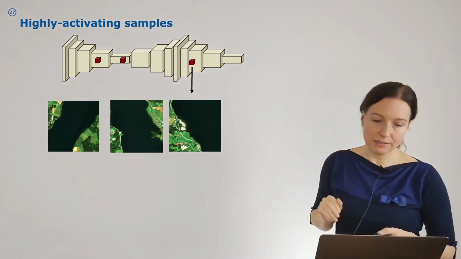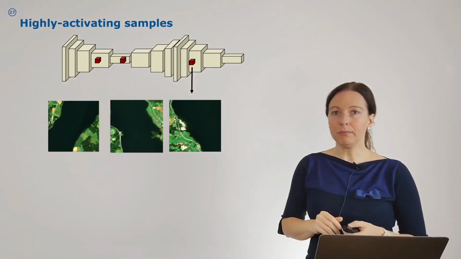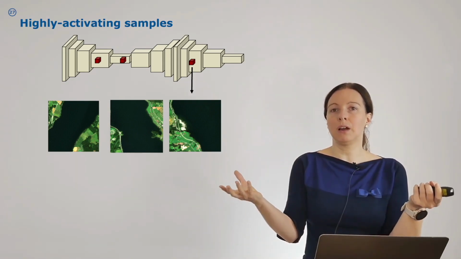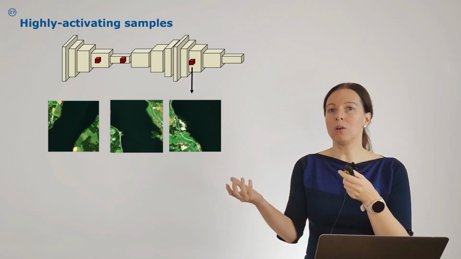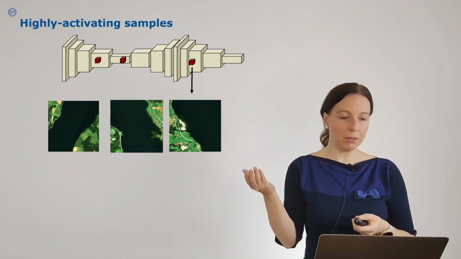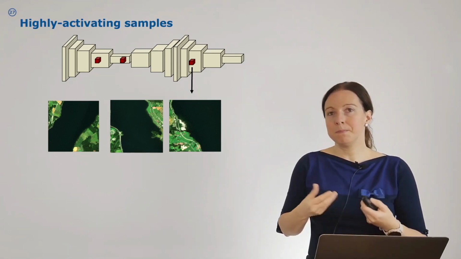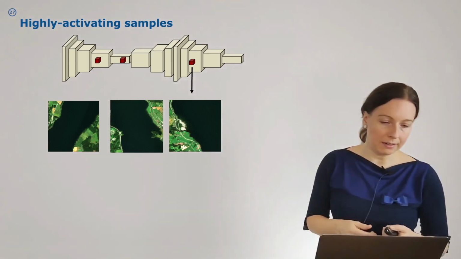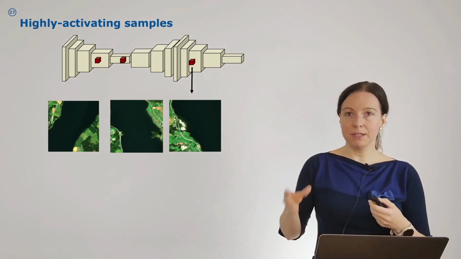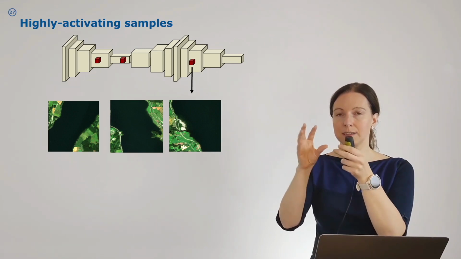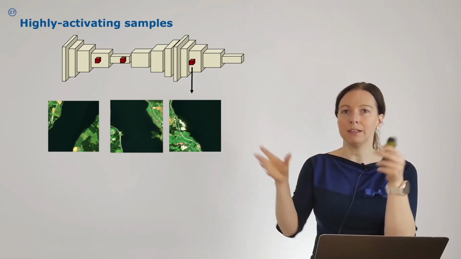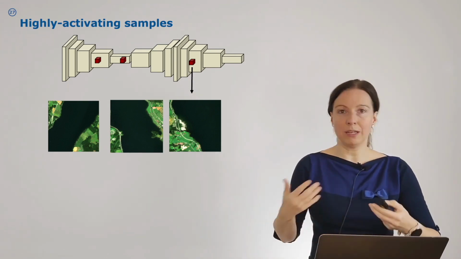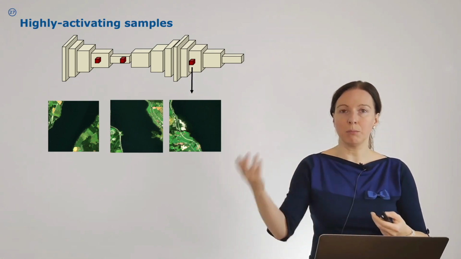So it's not really clear. Or sometimes the images can still look quite different, but they all cause the same activation to be high. It's especially a problem in early layers when the filters and the activations are fine-grained, and the filters only look at basic structures, or they resemble basic structures.